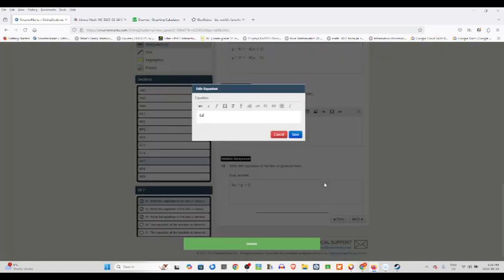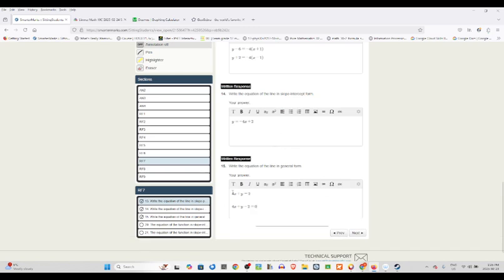I will also accept 4x plus y minus 2 equals 0. So different sources will say they equal to 0 or equal to a constant, depending on what you're focused on, whether it's a conic section or a standard form for linear algebra. So these are the 2 acceptable versions of this answer.